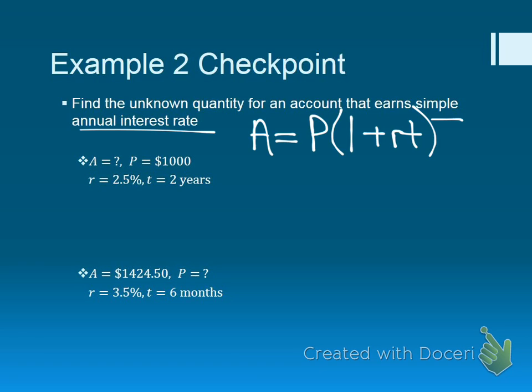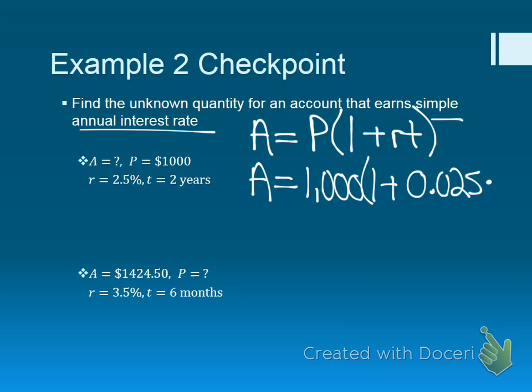Okay, so A equals, what's my P? 1,000 times 1 plus, what do I have to do to my rate? Change it into a decimal, 0.025 times 2. Okay, so what do I do next?